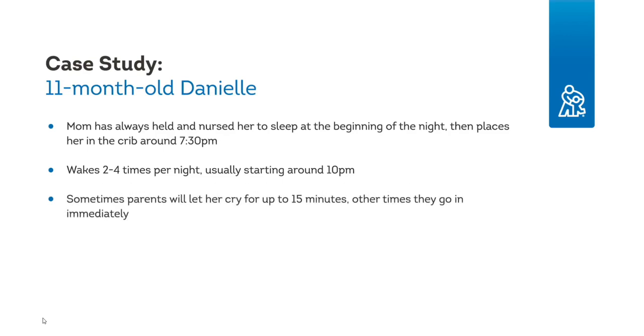Sometimes the parents will try to cry it out for maybe 15 or 20 minutes. Sometimes they go in immediately. It really varies from night to night, and it's based on what is going on the next day. That is really common. When I see parents, almost always, they're in survival mode.